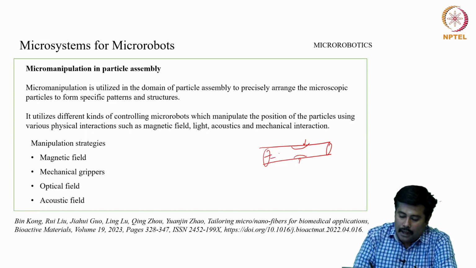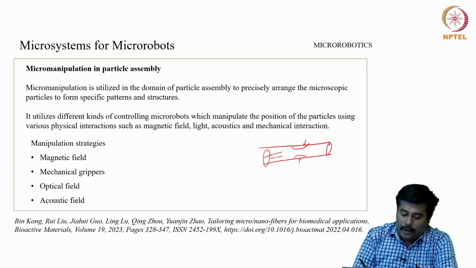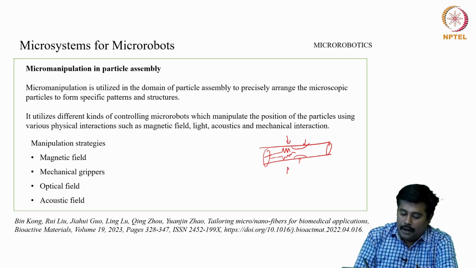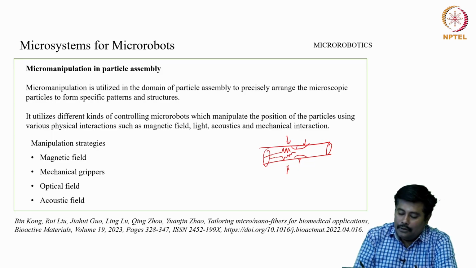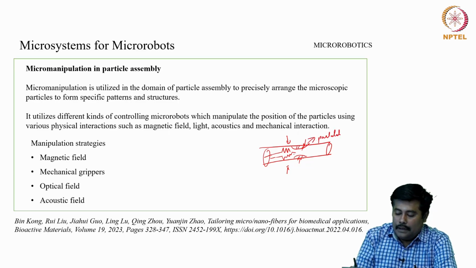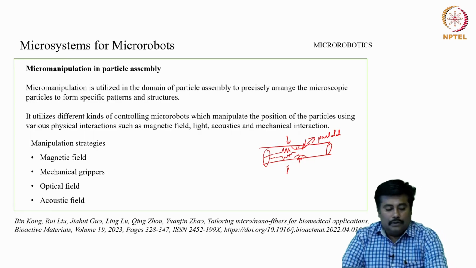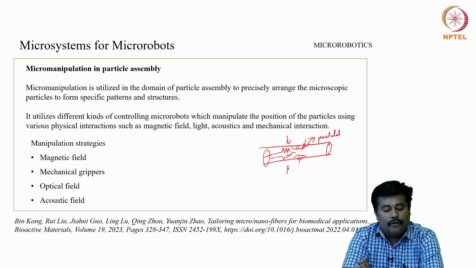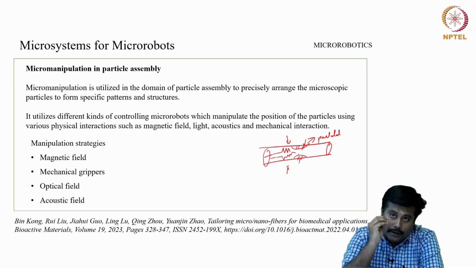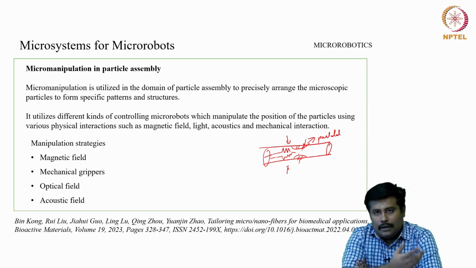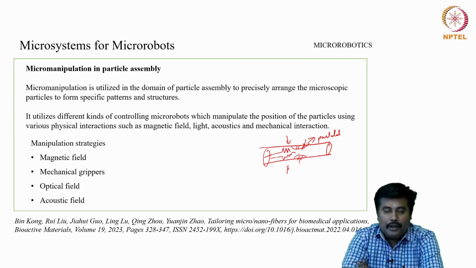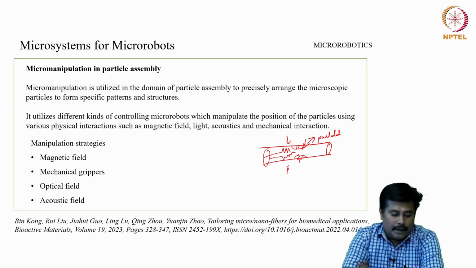One option is to align the micro manipulated particles in the form of a grinding wheel, so that this grinding wheel can be appropriately actuated to grind the particulates being collected in the tube. This manipulation utilizes different kinds of controlled micro robots which manipulate the position of the particle using various physical interactions. Some of these physical interactions include magnetic field, light, acoustic, and mechanical interactions.